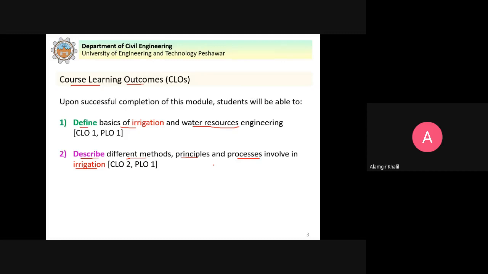So you should be able to describe those canals, how we design them using different theories that we will study in this course, and the other small hydraulic structures that we will encounter. For example, if a canal is going to cross a small stream or drain, how do we cross them?